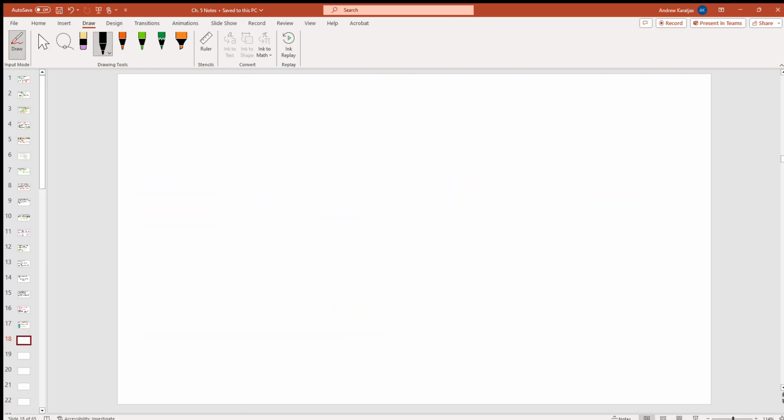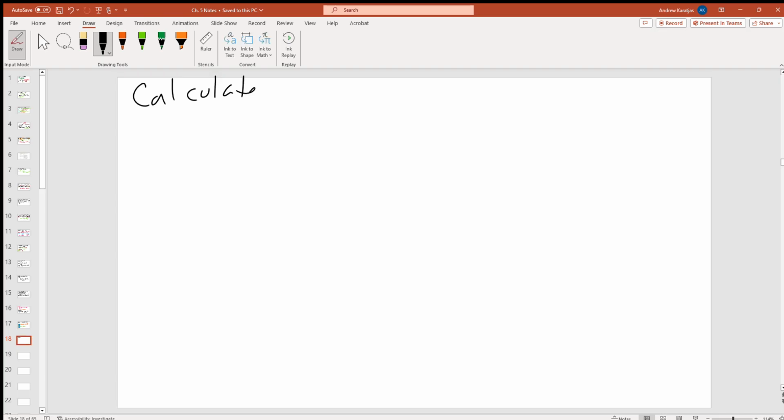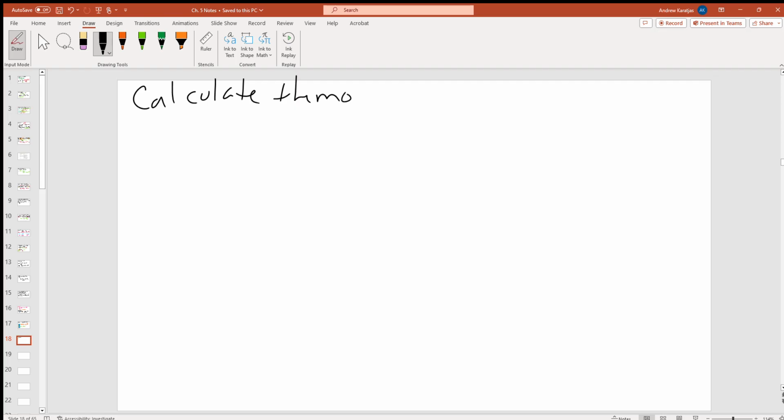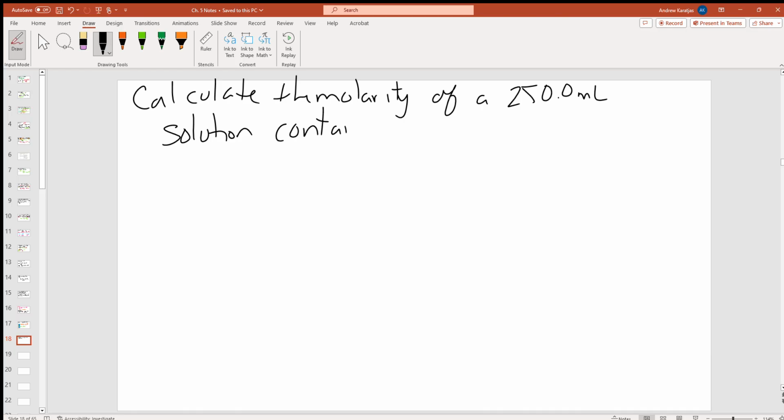So let's just do a couple of practice questions here. So we're going to calculate the molarity of a 250 milliliter solution containing 4.498 grams of potassium bromide.